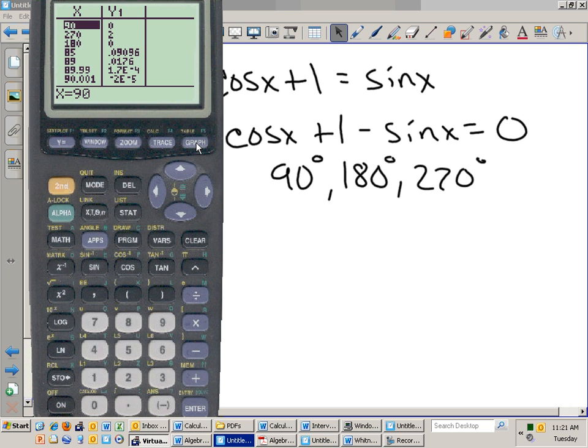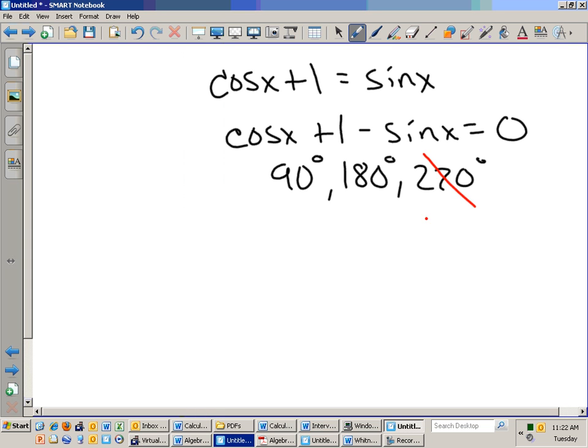And now I can start typing in values. I type in 90. Yep, I get 0, so 90 worked. I type in 180. Yep, 180 works. I type in 270. I get 2. So 270 does not work. I added a solution. So that's our final answer.